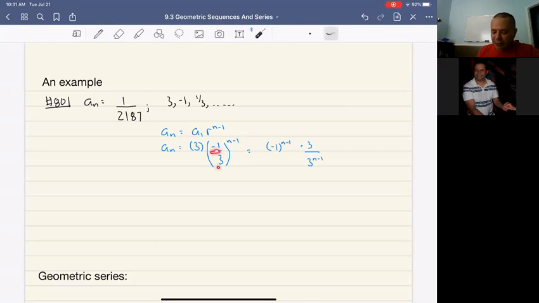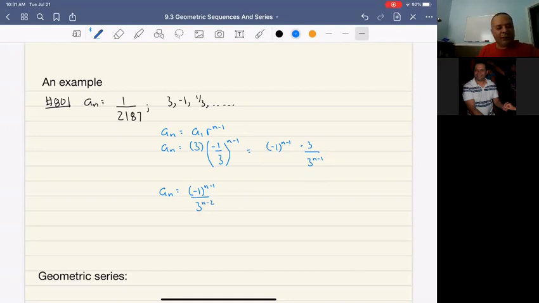This -1 over 3 to the n minus 1, I've split. The -1 on top came out in front, and the 3 stays over here. Why? Because I'm going to end up writing this as a sub n equals -1 to the n minus 1 over 3 to the n minus 2.